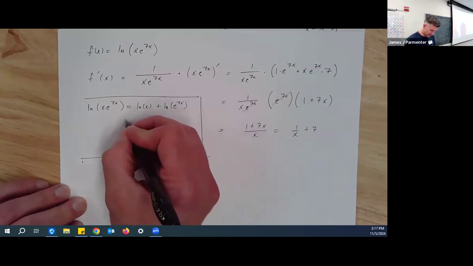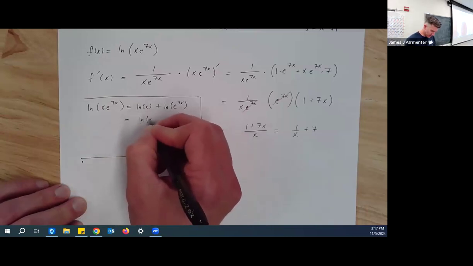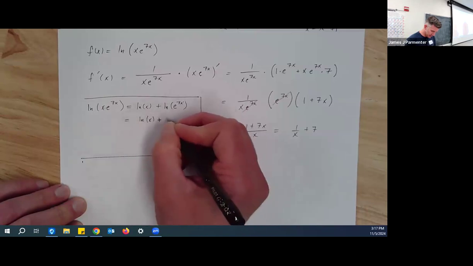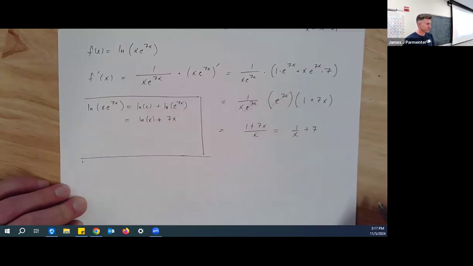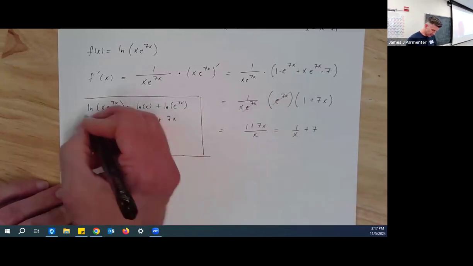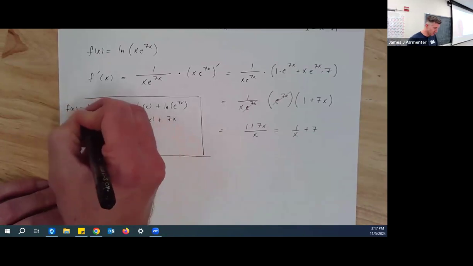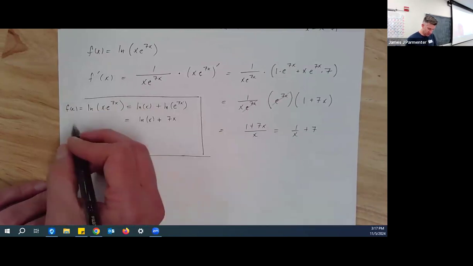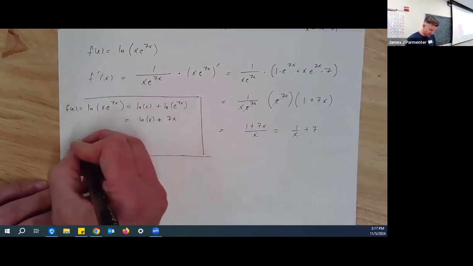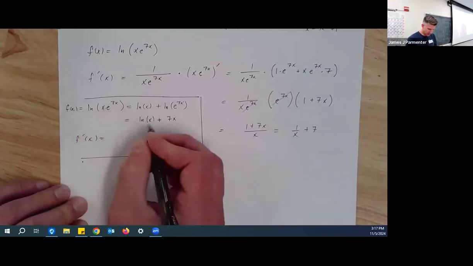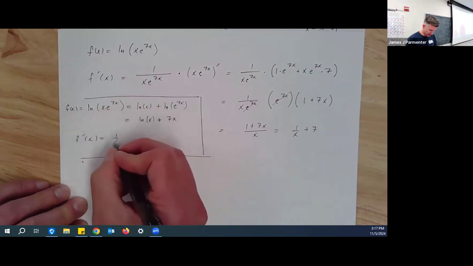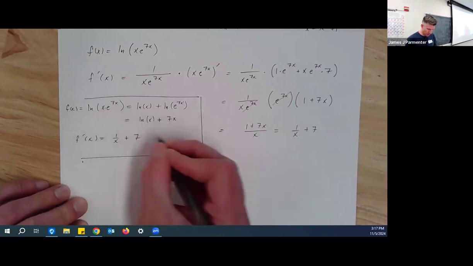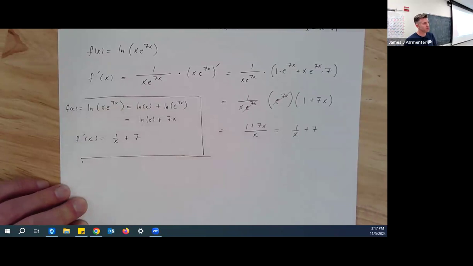So we could simplify this even further as the natural log of x plus 7x. And then, if this is our function, it is much, much less work to take the derivative now. My derivative is, the derivative of the natural log of x is 1 over x. The derivative of 7x is 7. Oh, look, it's the same answer.